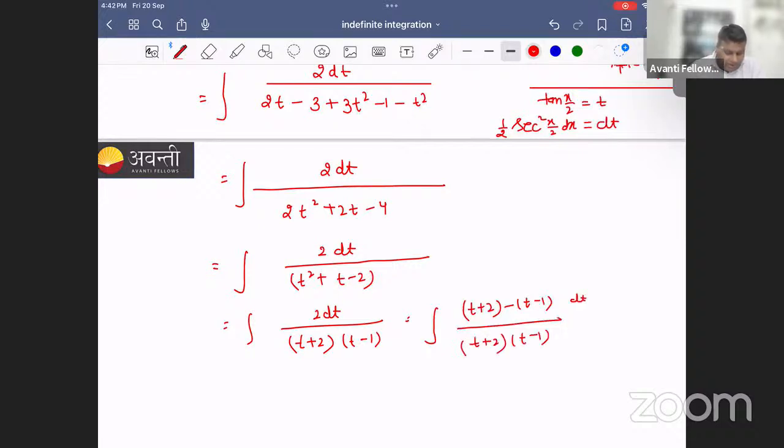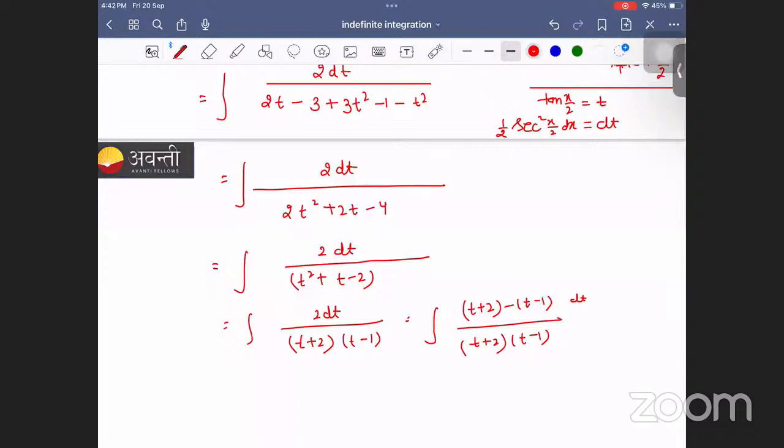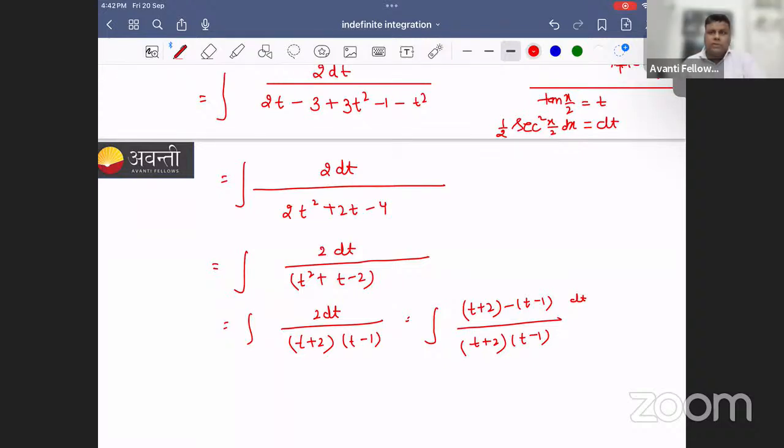In the numerator 3 came extra. Just a moment please. Sorry guys.